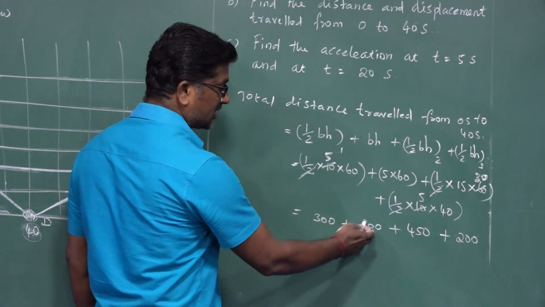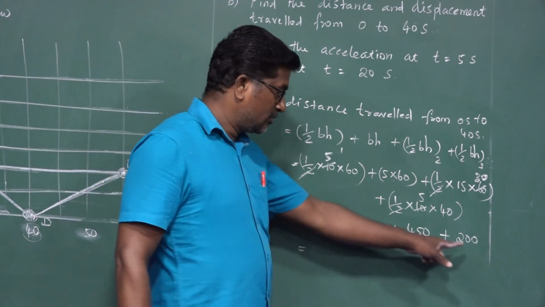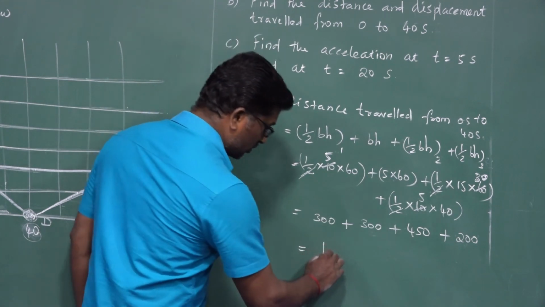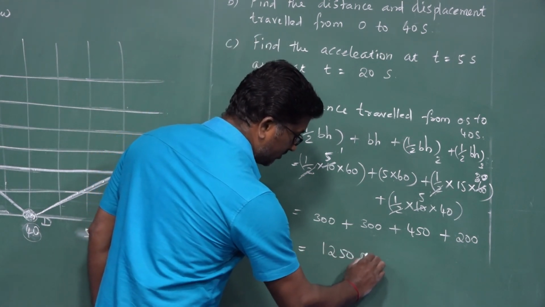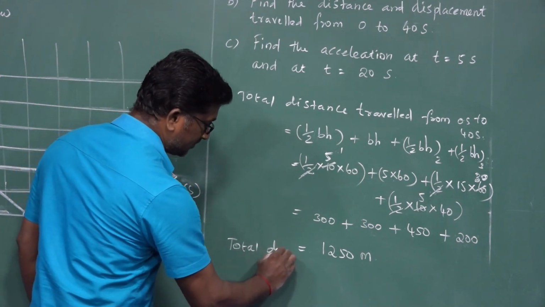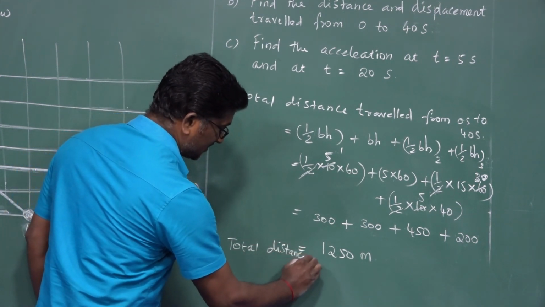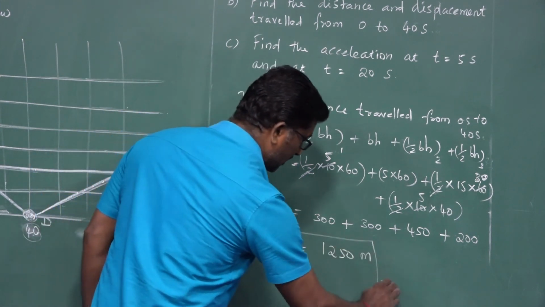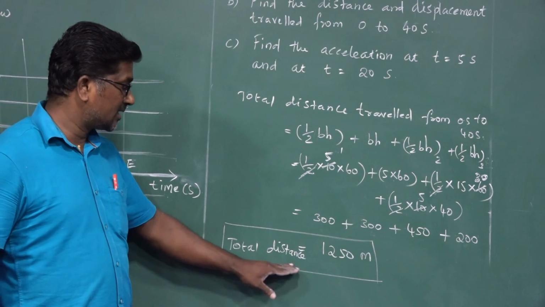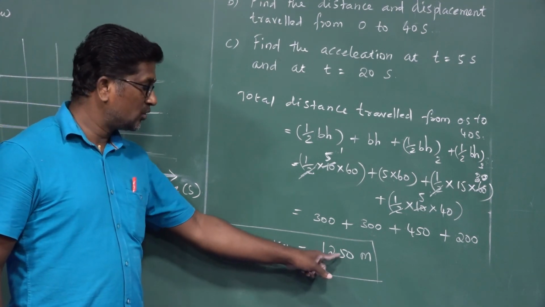Right, 300 plus 300, 600. 600 plus 200, 800. And 800 plus 450, 1250 meter. So this is the total distance traveled from the time 0 to 40 seconds. From the time 0 to 40 seconds, the total distance traveled by the particle is 1250 meter.